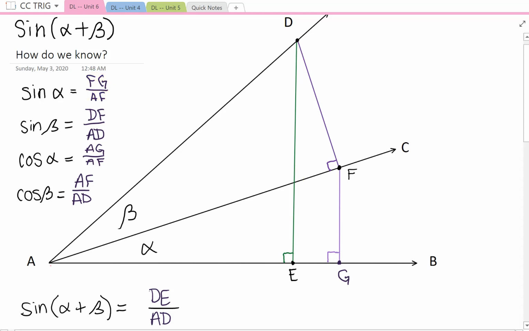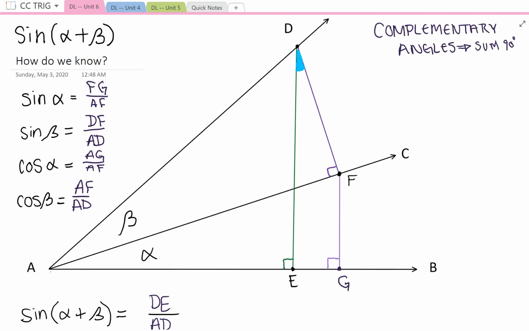To save you some time, I'm going to show you which angle is going to be most helpful. Recall from geometry that complementary angles are two angles for which the sum is 90 degrees. And the two acute angles in a right triangle are complementary.